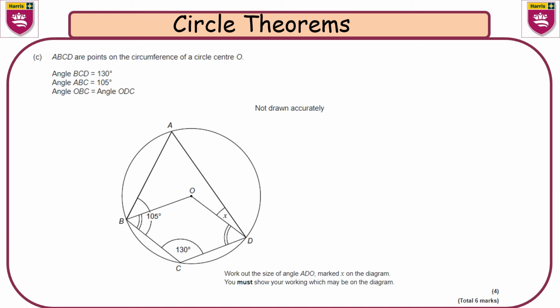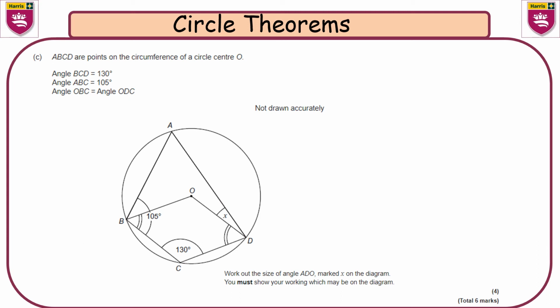Right, this is the third part of this question. So we did question A, question B, now we're doing question C, and in total you're going to get 6 marks. It says A, B, C, D are points on the circumference of a circle, centre O. So this has got something to do with opposite angles of a cyclic quadrilateral. It says angle OBC is equal to angle ODC.